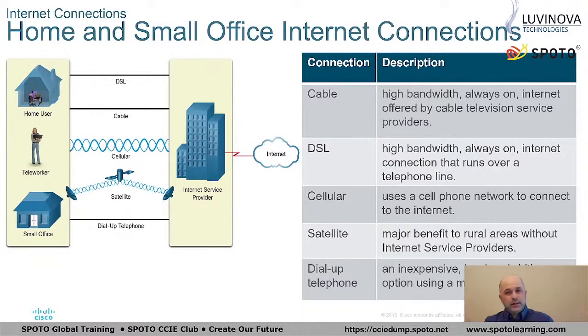It's a high bandwidth, again always-on, internet connection that runs over a telephone line. So you must have a telephone line. It's provided by a telecommunication provider, and over this telephone line you receive the internet, the worldwide network. Cellular uses a cell phone network to connect to the internet, right? So it's your mobile phones, guys.